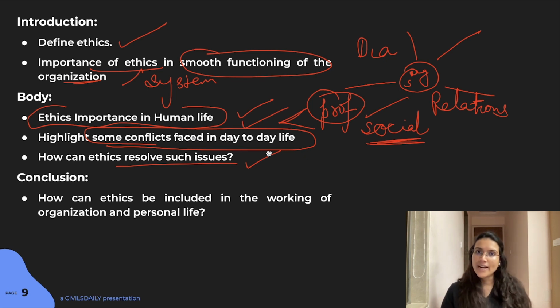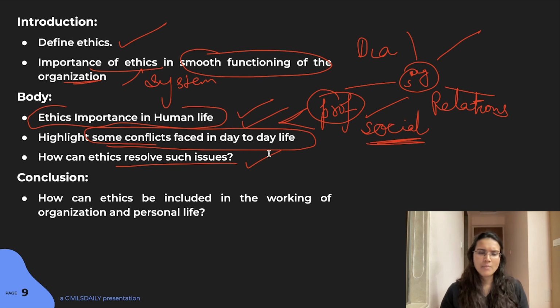It helps you prioritize the values you need to focus upon. It tells you the right process to follow. So you can highlight some examples and connect them here. For example, you might be caught up in a situation where somebody is telling you to let one of your relatives get a job, a very small, temporary job, like an internship.